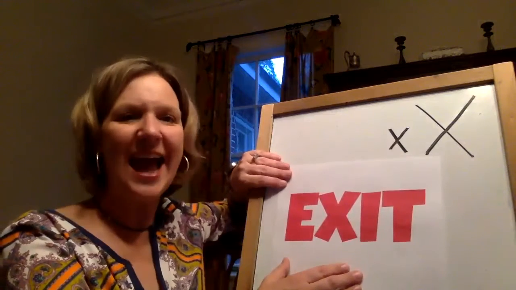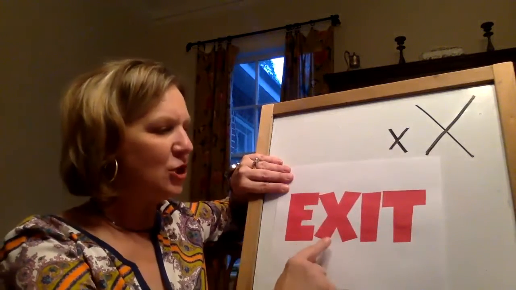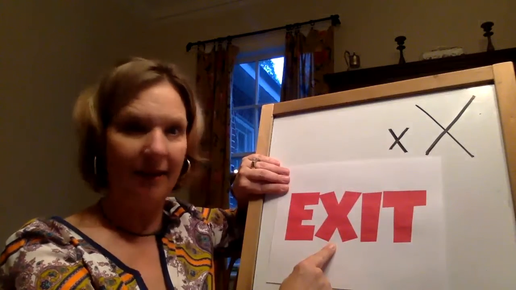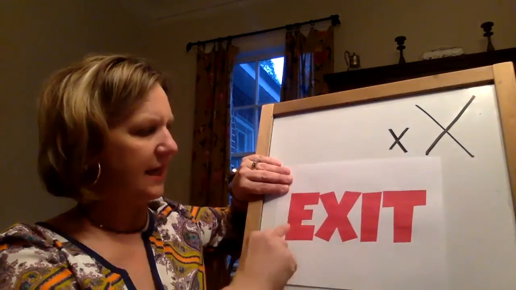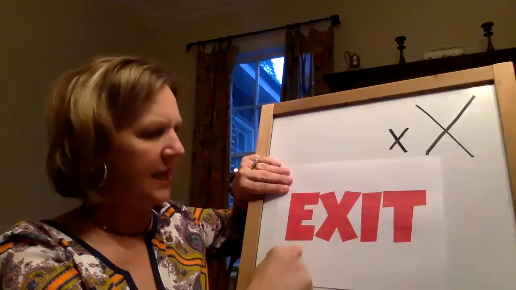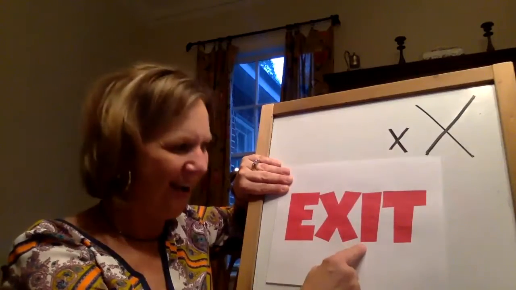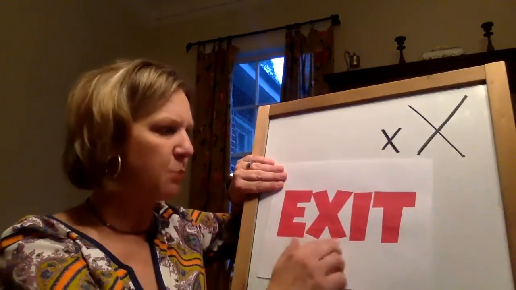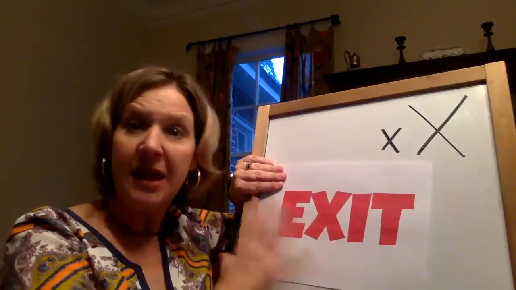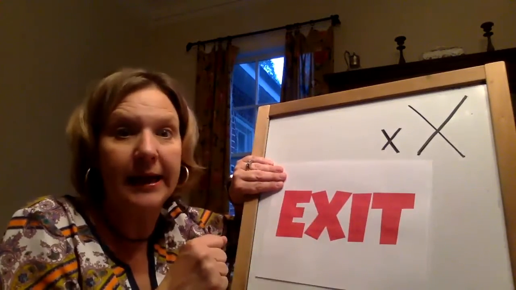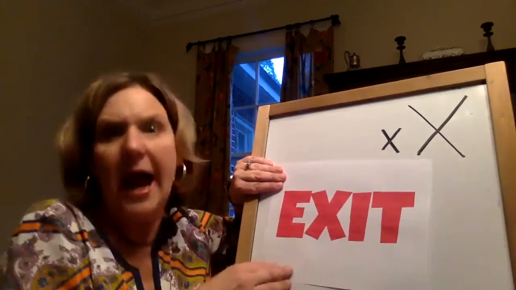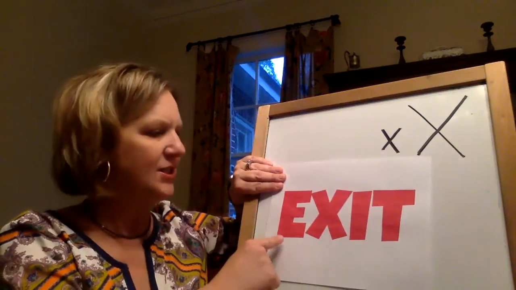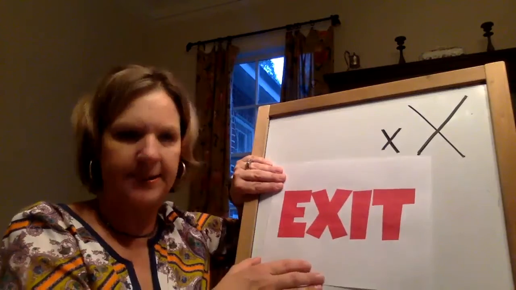So here is an exit sign, and you see the letter X as the second letter in the word exit. Spell it with me. E-X-I-T. Very good. Exit. And a lot of times we will see that X in the middle of a word, like exciting, exit, excellent. All of those words that I just said start with EX.